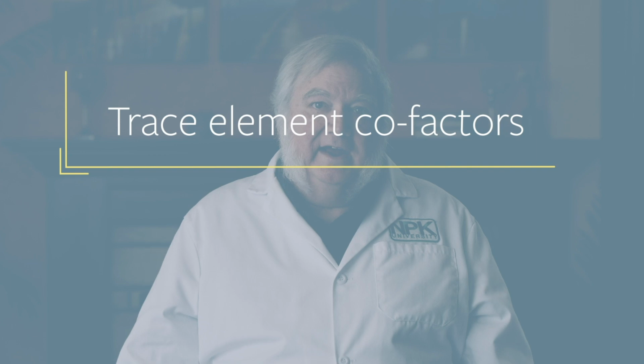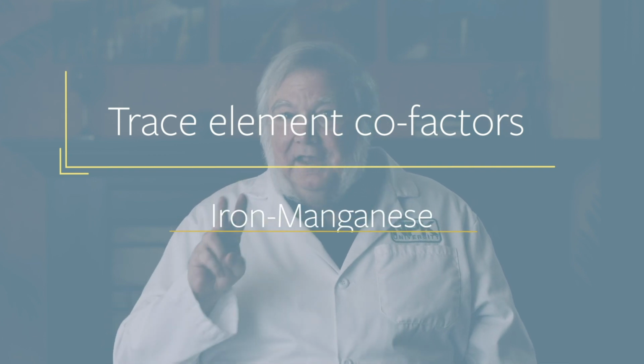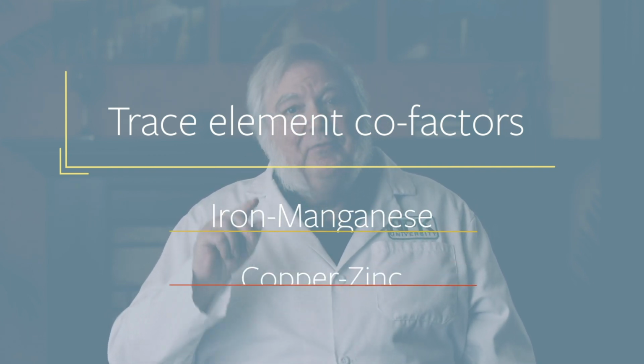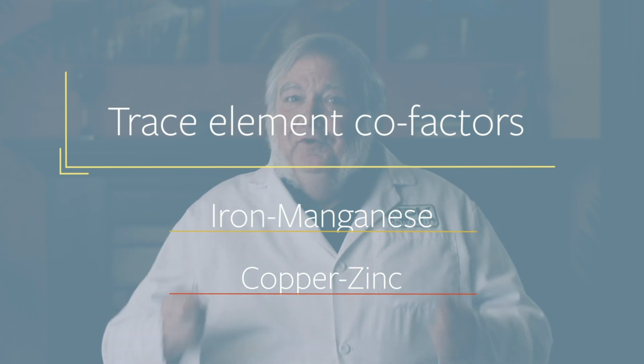But that enzyme has to be activated by a cofactor, either an iron-manganese cofactor or a copper-zinc cofactor. If those trace elements are there in abundance and available to the plant, one molecule of an enzyme could do over 1,000 chemical reactions per second, protect the plants against stress, and increase resistance to pests and disease.